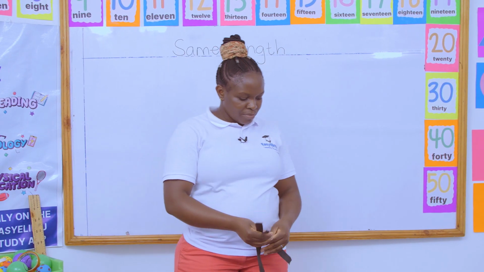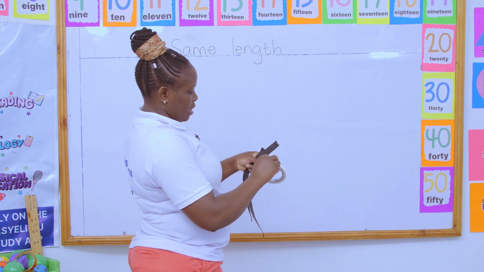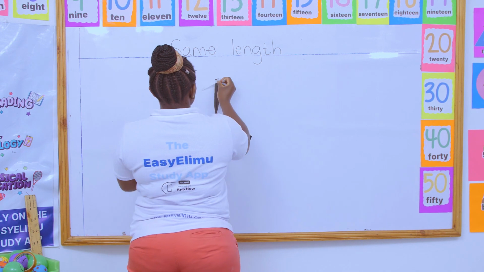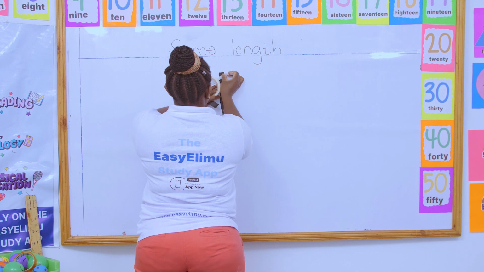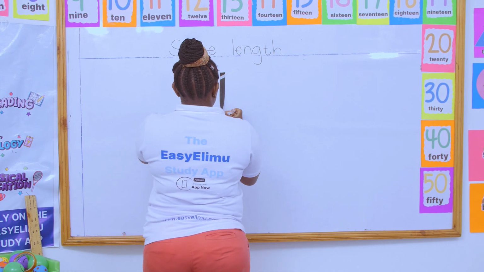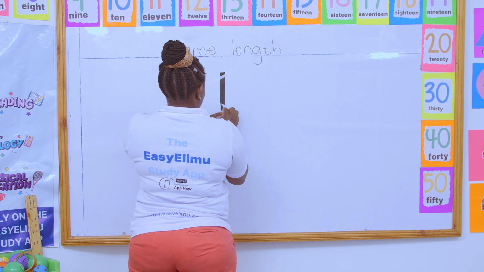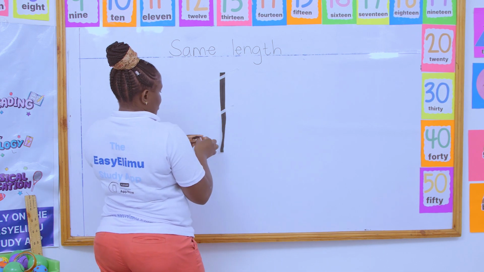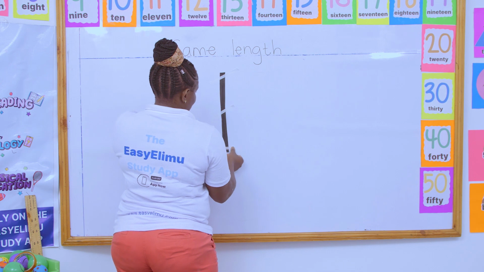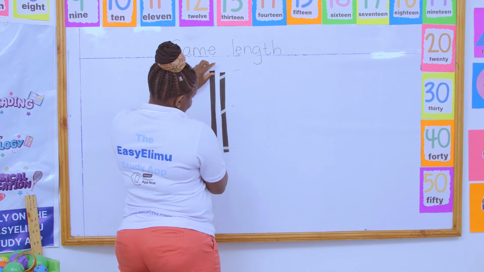But now, I decide to change one of these ropes. I make this one to be in the upright manner, as shown on the board, like that. This one was in the upright manner like the other rope.